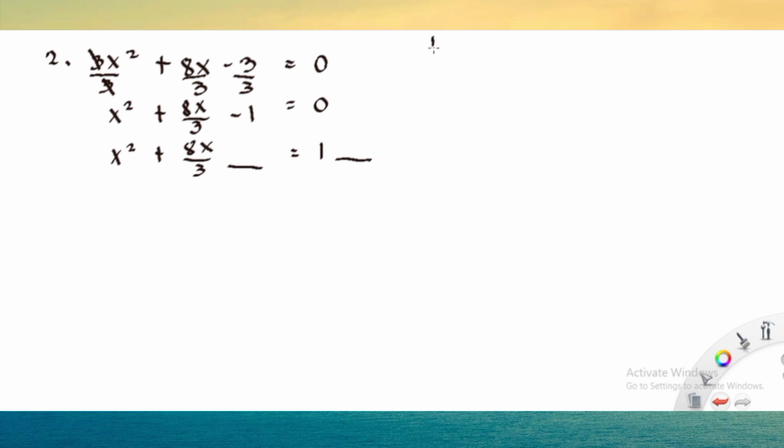Again, we will use the formula b divided by 2 and the answer will be squared. So, ang b natin ay 8/3 or 8 over 3. So, we're gonna have 8 over 3. Okay? B natin yan, i-divide pa natin yan sa 2 and then get the square. Okay, fraction divided by a fraction.